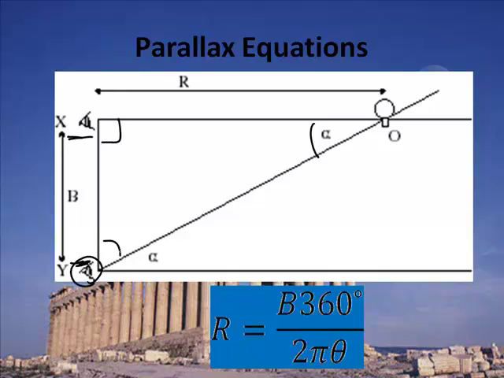We can find out what this angle is right here, and then you can determine how far that thing is away. You use another equation that's kind of cool. You take b, the distance between the two objects, times 360 over 2 pi. And this funny little symbol is called theta. It's just an angle symbol that scientists use. It's actually Greek because it came from the Greeks.